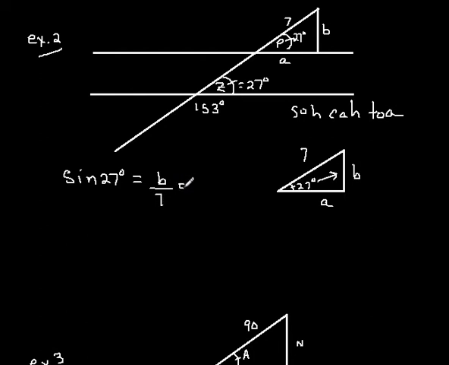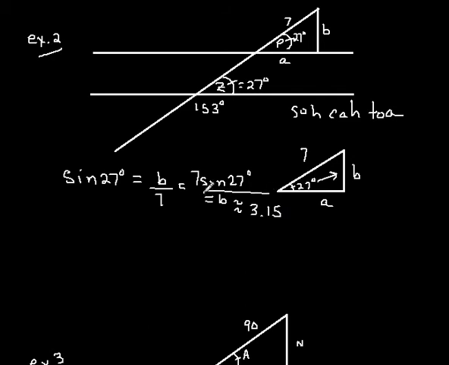So we multiply both sides by 7, and 7 sine of 27 degrees will give us B. And if we put that in our calculator, we're going to get B is approximately 3.15.